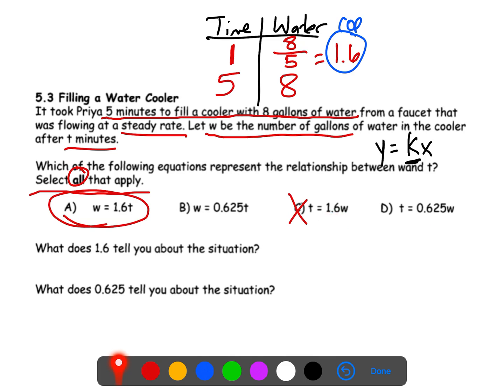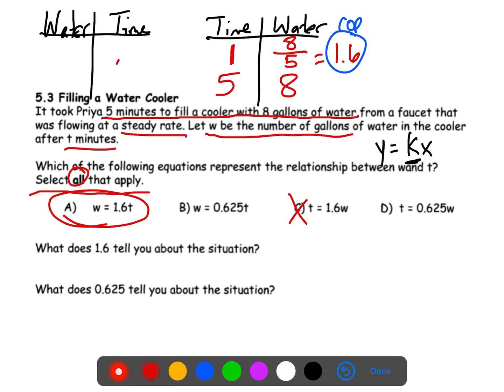But I do see that they've added a different constant of proportionality for choice B and D, 0.625. Well, if I had created a table going the other way and compared water to time, that would have switched the way that I wrote in my initial ratio of 5 minutes to 8 gallons of water.